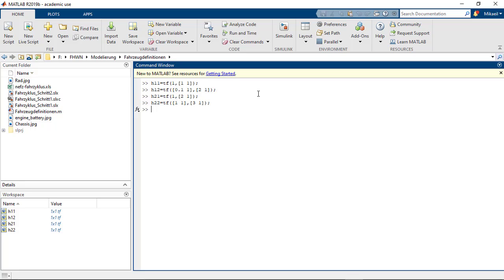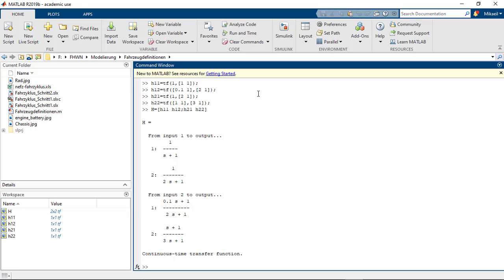Now for our system, H equals brackets, H11, H12, semicolon. I go to the next line, H21 and H22.